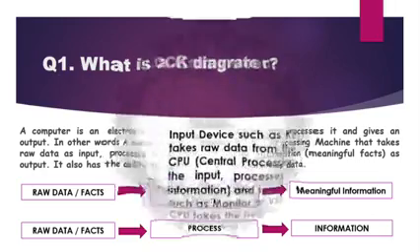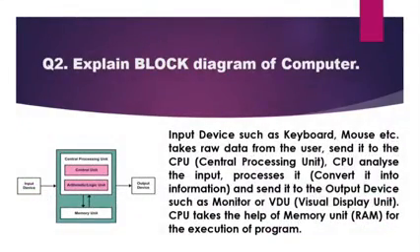The next question is, explain block diagram of computer. So here is the figure where input device feeds data into the central processing unit. Central processing unit analyzes or calculates the data and gives the concerned output.